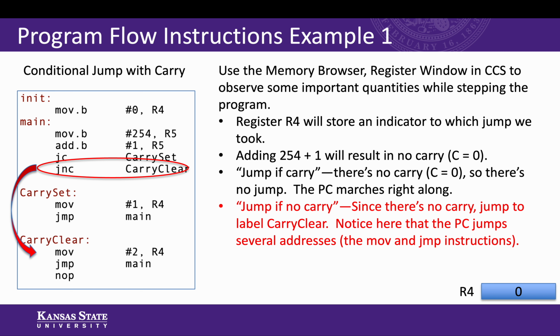Yes, we have no carry, so we're going to jump to the label we've specified there, which is carry clear. If you're watching the program counter, you will see that it jumps several addresses. It skips the move and the jump instructions in the carry set block that we skipped.